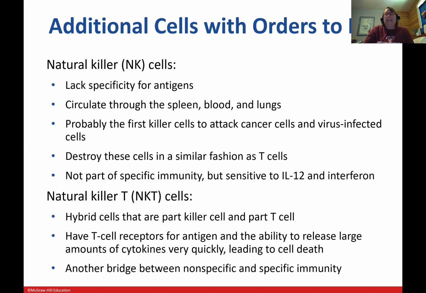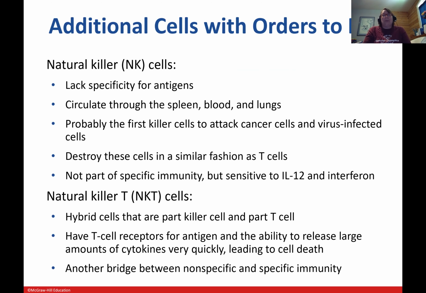It's a different kind of immune system cell, a little bit more in the innate category than in specific, but they're very, very important components of the immune system, particularly for these virally infected cells.